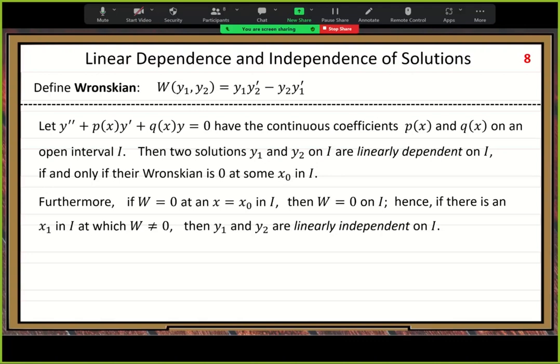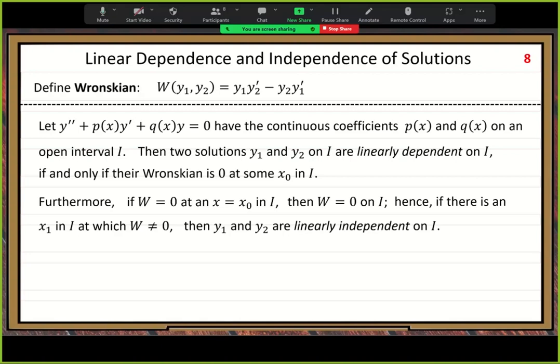But the results I put here contain several theorems in the textbook, and these results can be proved easily. So the second one: if W is not equal to 0 at one of the points in I, then it's enough. You can say y1, y2 are linearly independent on I.